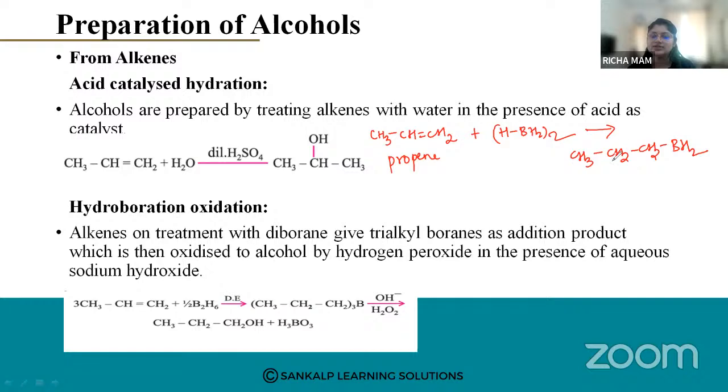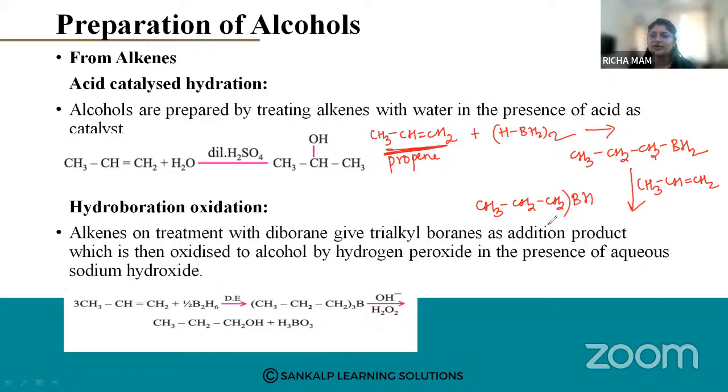Now I am again going to treat it with a molecule of propene, till all these hydrogens are replaced with the boron. So you are going to take 3 moles. Again I take one propene, CH3, CH double bond CH2. Now I get CH3, CH2, CH2 and BH.